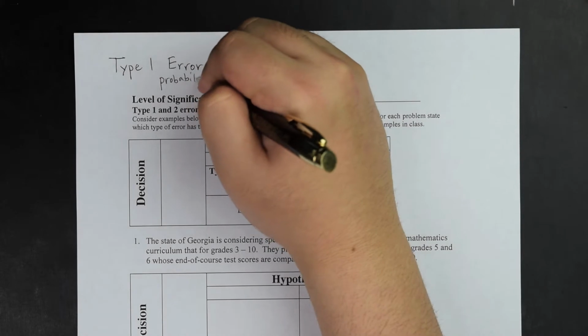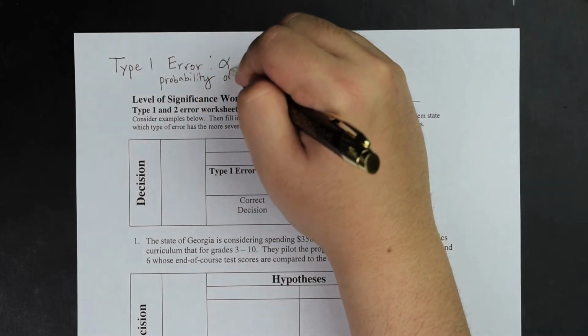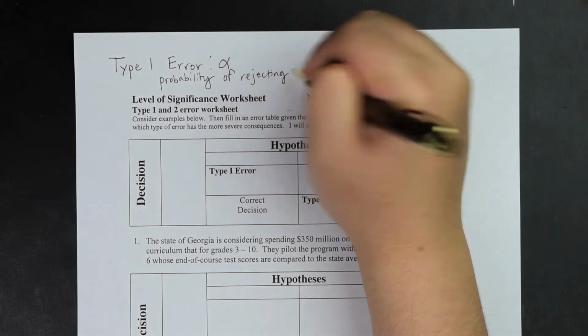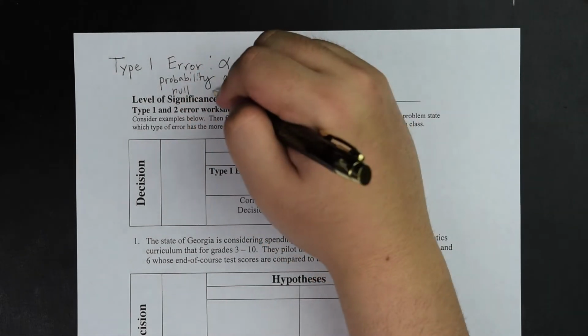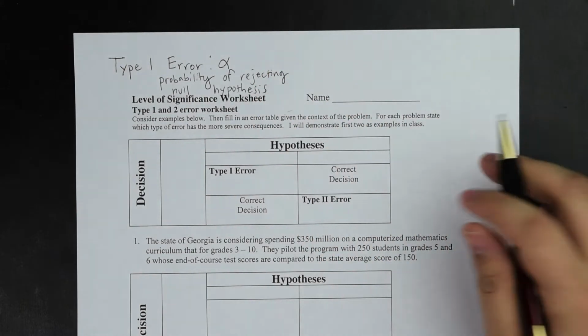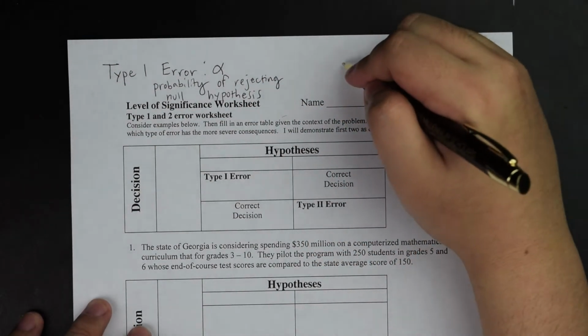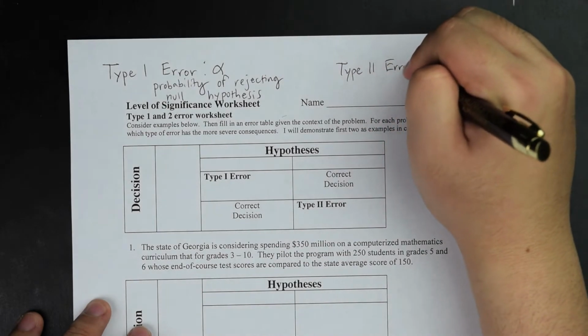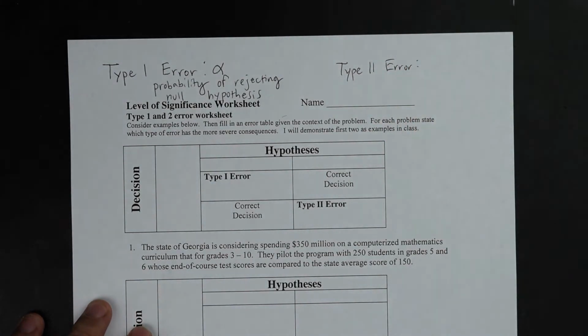Probability of rejecting a true null hypothesis. And then Type 2 error is usually what we define as beta.